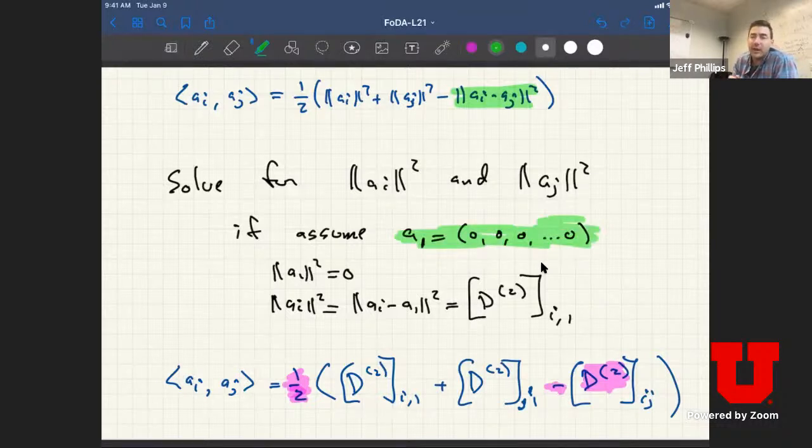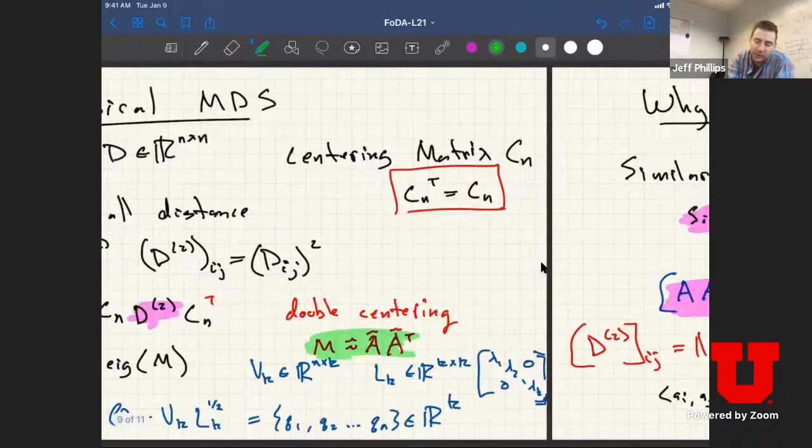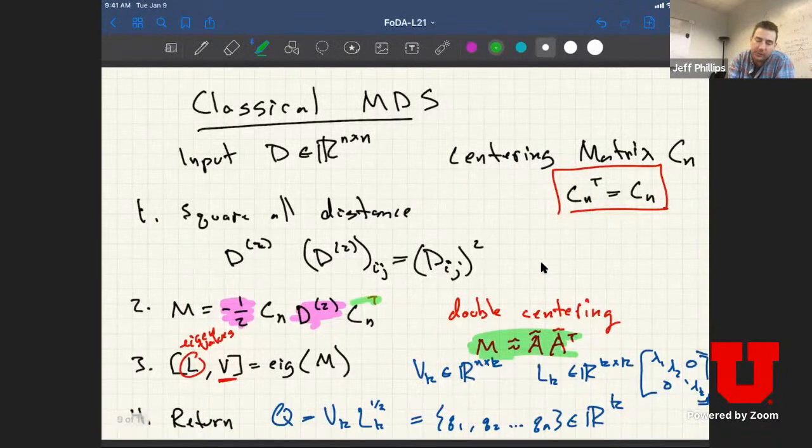So the difference with classical MDS, and I'm not going to go through all of the math in this, is that instead of doing the first one as the origin, let's take the average. Let's do this on average over all of the data points. I'm going to do the average of these, assuming each of the data points is the origin, and add up the average result I get. And it turns out that is equivalent to applying these centering matrices.